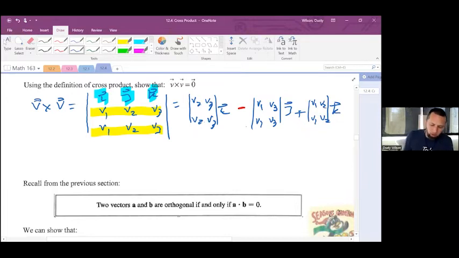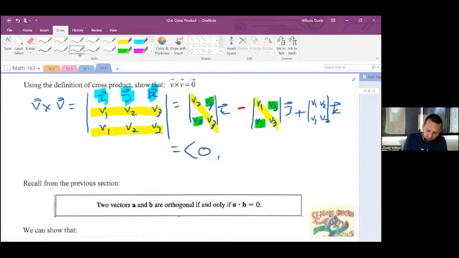Okay. At this stage, we need to actually calculate the 2 by 2 determinants. And so we have v2 times v3 minus v2 times v3. Oh, that's a funny way of writing 0 in the first component. And then we have v1 times v3 minus v1 times v3.